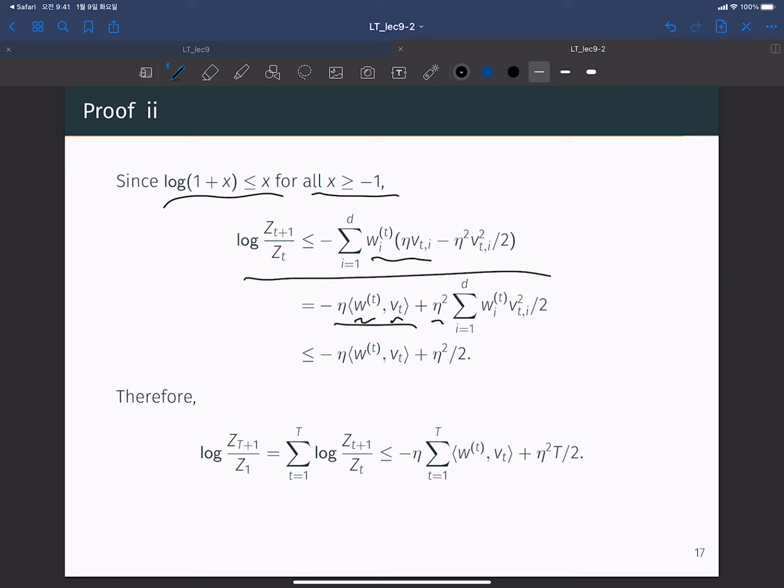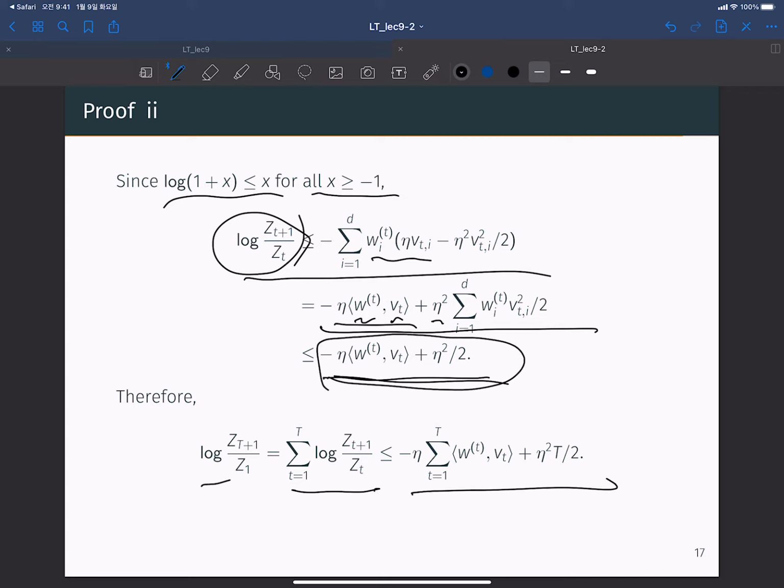And since the cost value is always between 0 and 1, we can simply upper bound this by this. Therefore, when you sum up this term from t equals 1 to capital T, we have log Z_{T+1} over Z_1. This is equal to the summation of log Z_{t+1} over Z_t from 1 to capital T. This is upper bounded by the summation over this from t equals 1 to capital T.